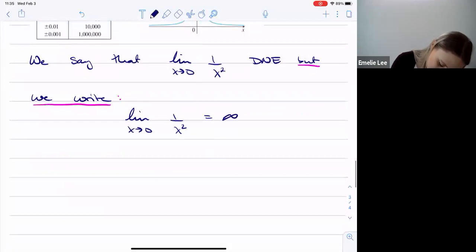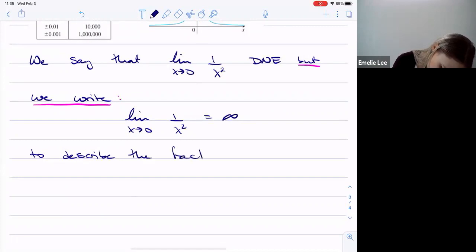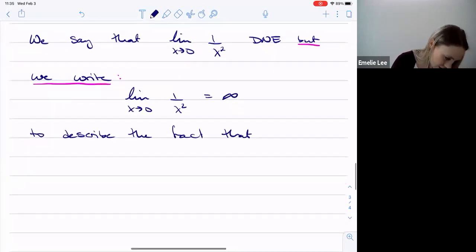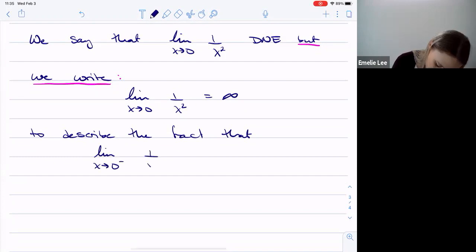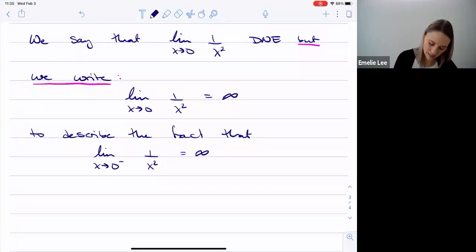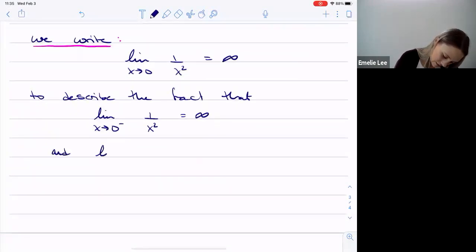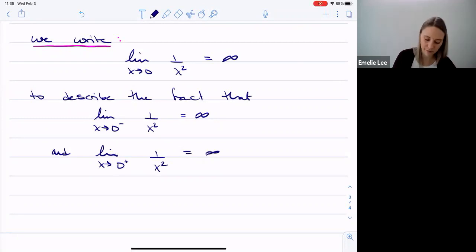So this is to describe the fact that the limit as x goes to 0 from the left of 1 over x squared is equal to positive infinity, and the limit as x goes to 0 from the right of 1 over x squared is also positive infinity.